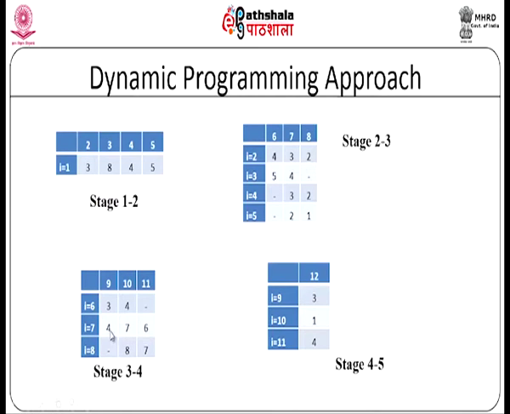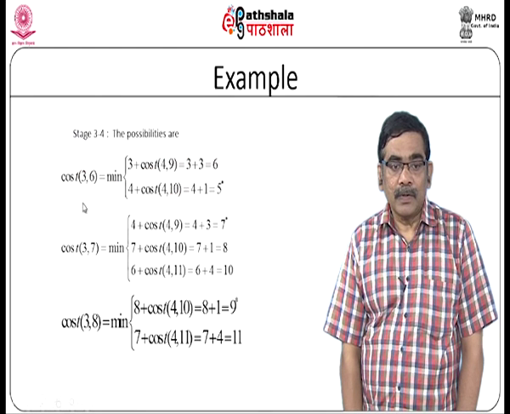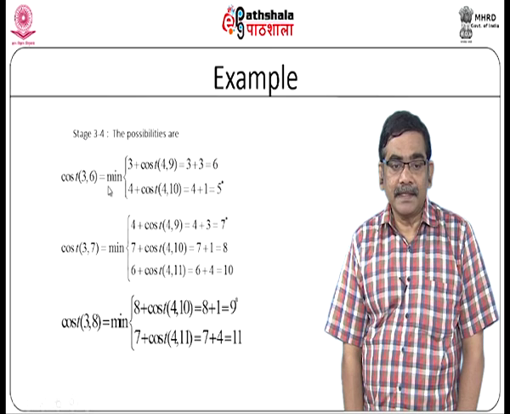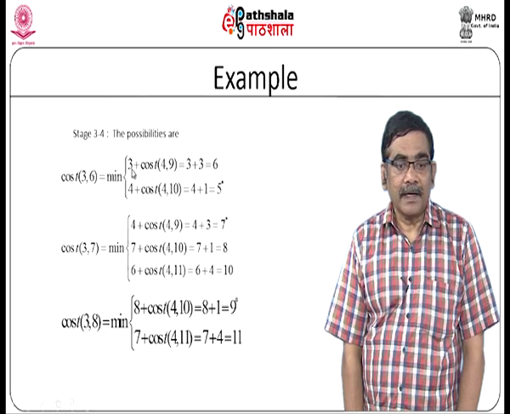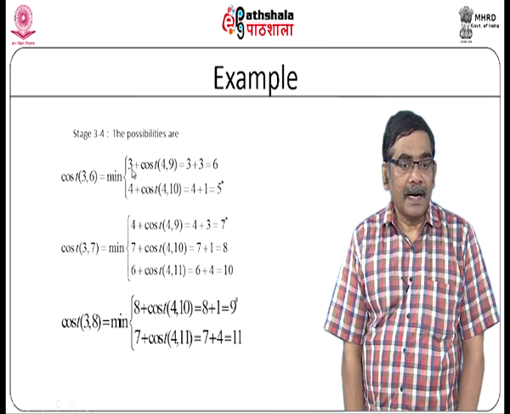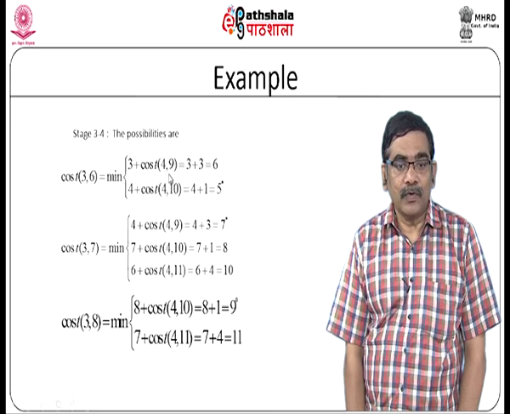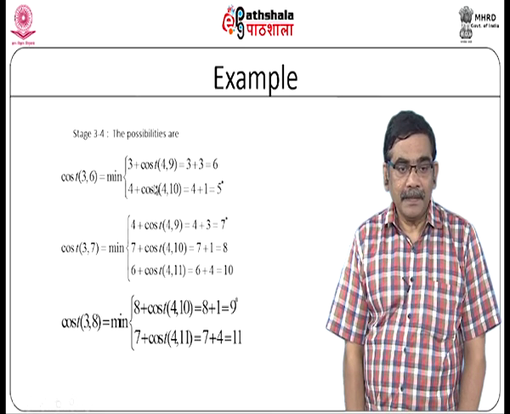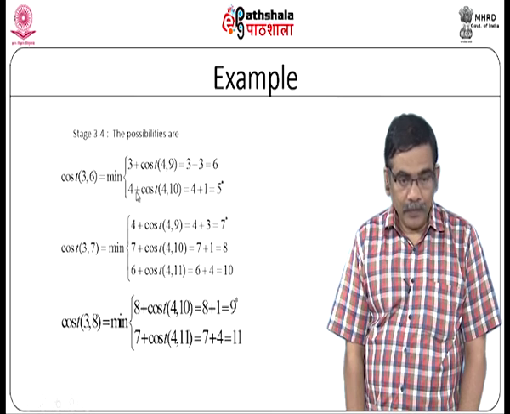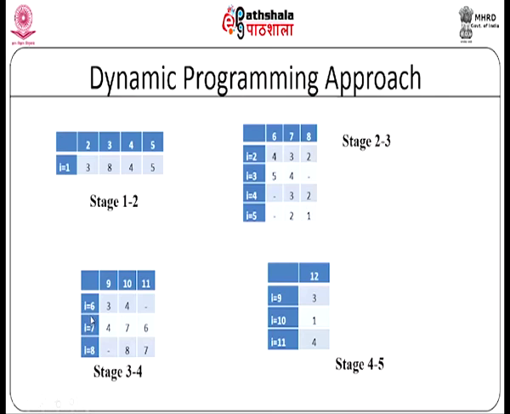Now we proceed to the next immediate stage, stage 3 to 4. This is stage 3, so we have to compute the cost of 3 comma 6, 3 comma 7 and 3 comma 8. The cost of 3 comma 6 is the minimum of the cost from stage 4 to 9, so I have to use this particular table effectively.